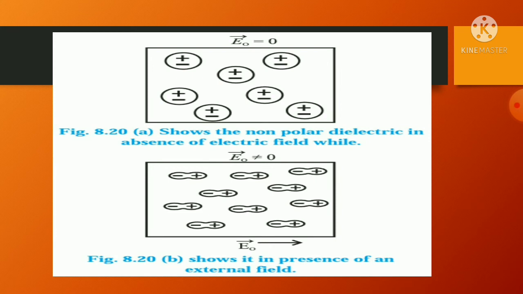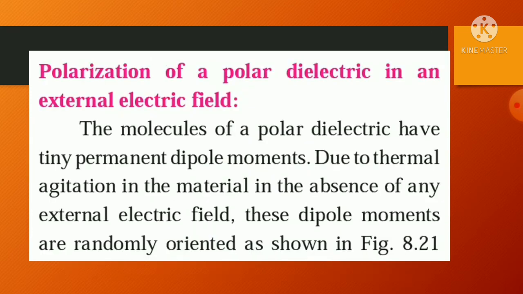So there is a separation of positive and negative charge in the molecule, shown in figure 8.20b, giving a regular arrangement of the non-polar molecules. This is the explanation of non-polar molecules in an external electric field.